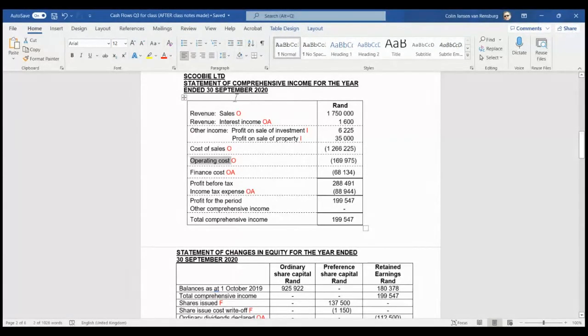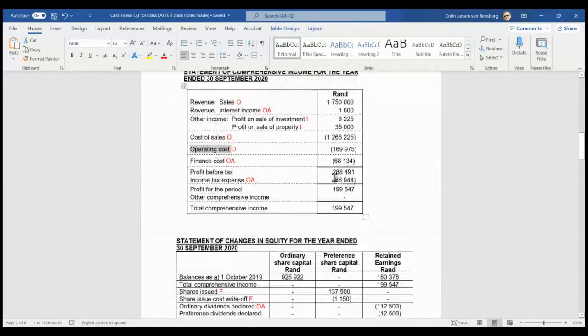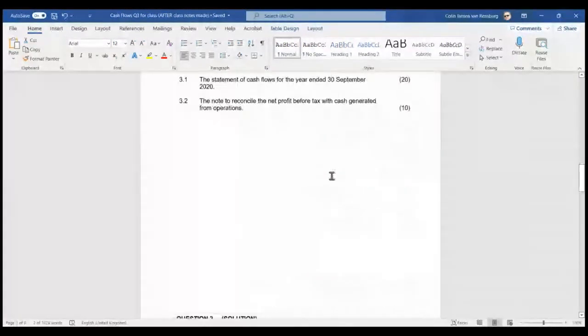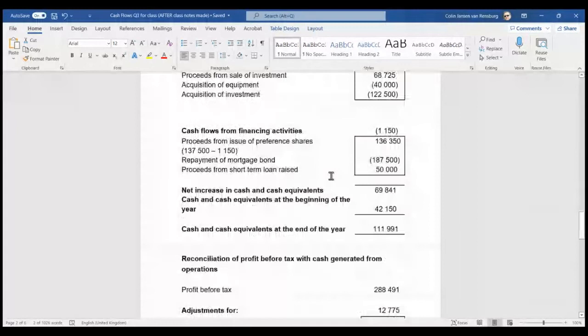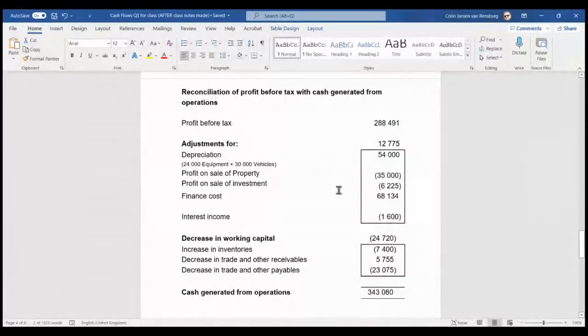So your depreciation would be somewhere within that figure of 169975. And you can see on the face of our statement of comprehensive income, the operating cost was deducted from our revenue and from our other income to arrive at our profit before tax. So if we go to our note now, there we've done the adjustments. Our question, let's just go through the logic again, ladies and gents.